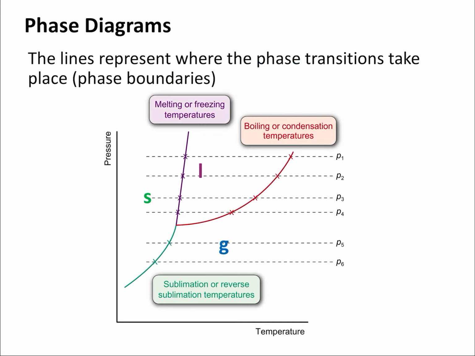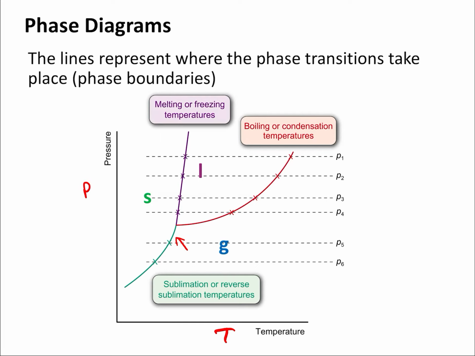They look more or less something like this, where we have a two-dimensional graph with pressure on one axis, temperature on the other axis, and these lines that you see represent a set of temperatures and pressures where there will be an equilibrium between two phases.